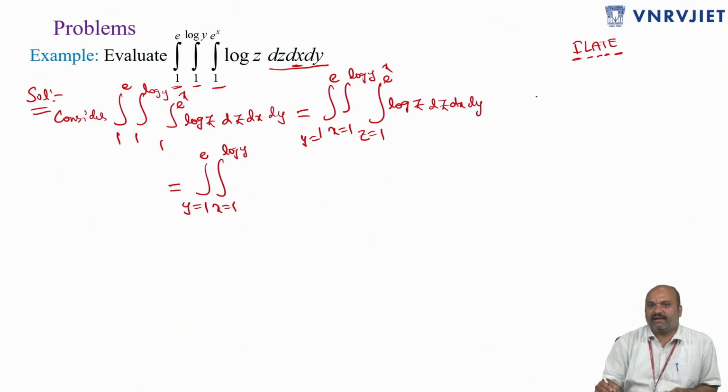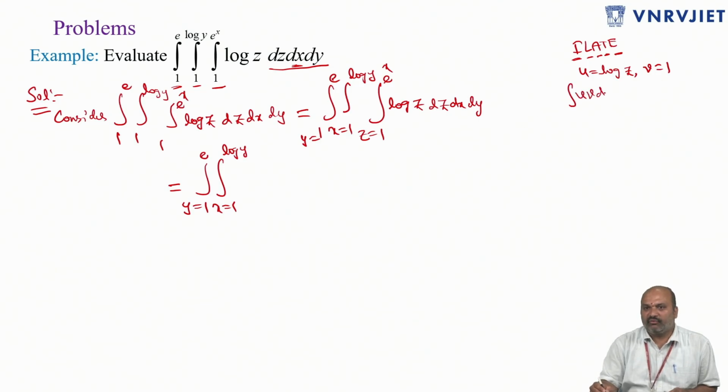So by parts formula, let's take u is equal to log z and v is equal to 1. So what is the by parts formula? Integral uv dx is equal to u integral v dx minus integral u dash integral v dx into dx.